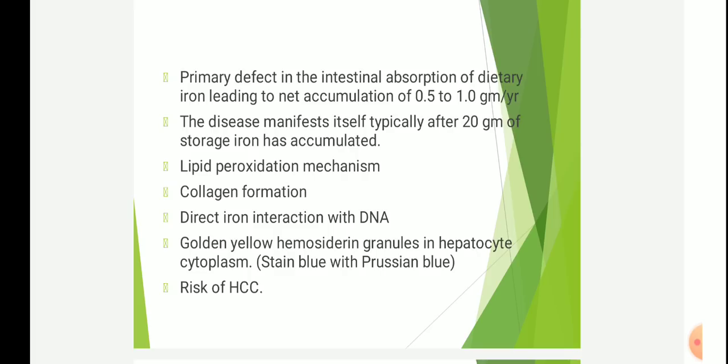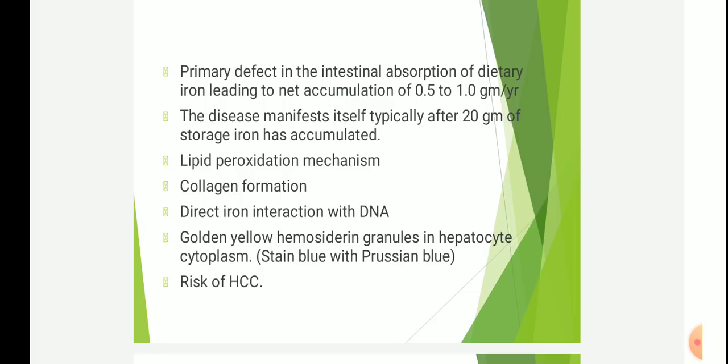The disease manifests itself typically after 20 grams of storage iron has accumulated. At 1 gram per year, it could take 15 to 20 years for accumulation of such massive amounts of iron. A lipid peroxidation mechanism is involved here, leading to collagen formation, and direct iron interaction with the DNA of the cell.